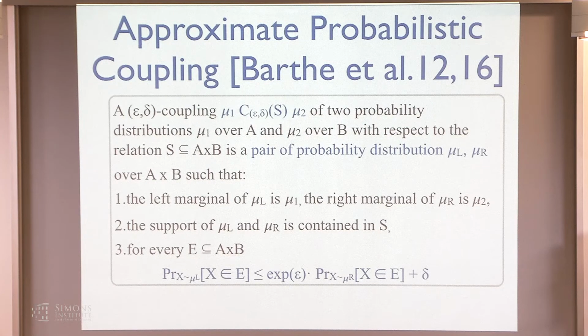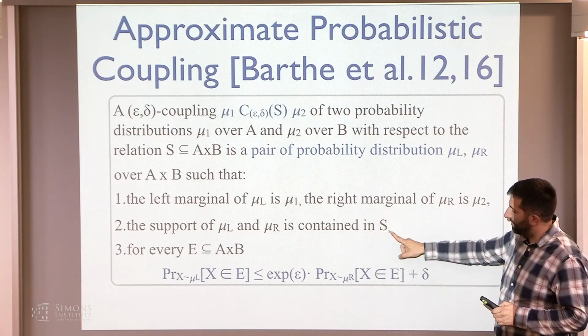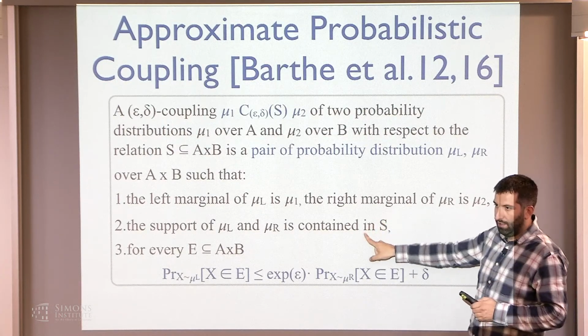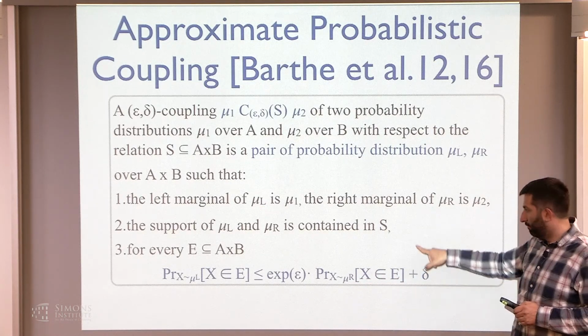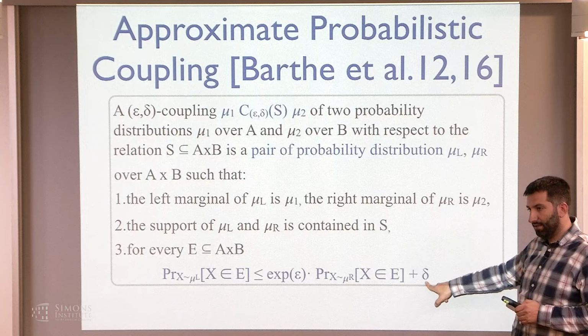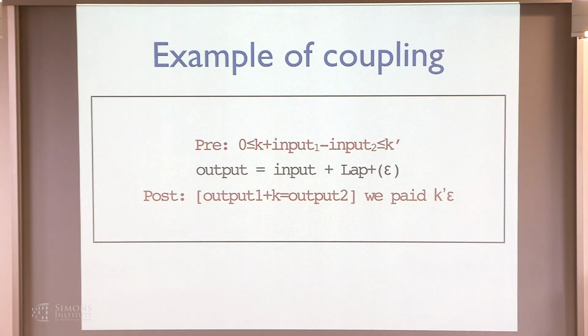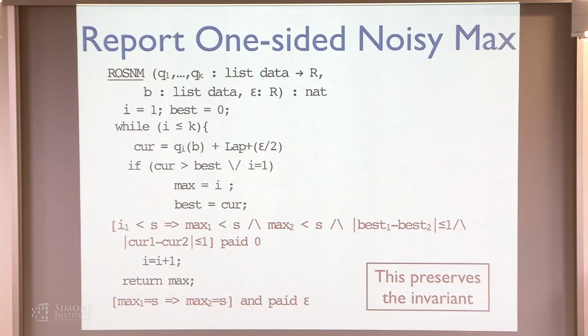Now, the way I was using paid is this: to get this relation S, you are paying in the sense that you are making them indistinguishable with respect to this relation S, with epsilon and delta. Let me give you an example. We already saw one; let me go back.